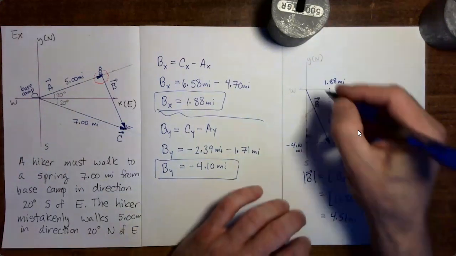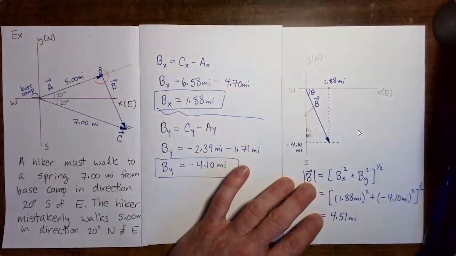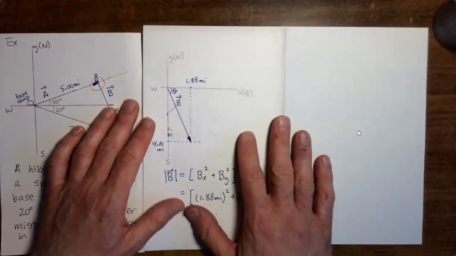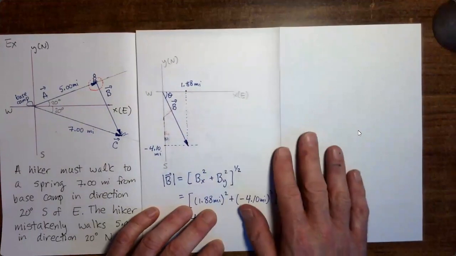Okay, now we'd like to find this direction in here. Now, the first thing we might think of is setting up a calculation with an arctangent, but then we have this awkward question of the y component being negative.